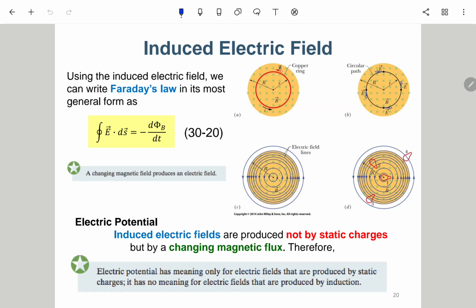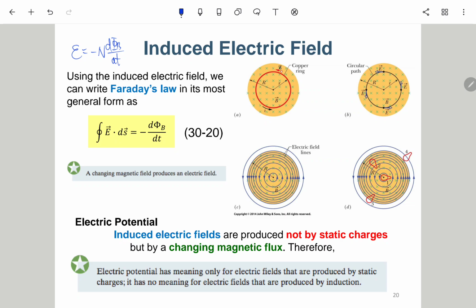Here we will introduce another form of Faraday's law. Previously we learned Faraday's law as E equals negative dΦ_B/dt, or we sometimes multiply it by N. If the loop has N turns, then we multiply the derivative of the magnetic flux by N, and take the negative sign on the right side of Faraday's law.